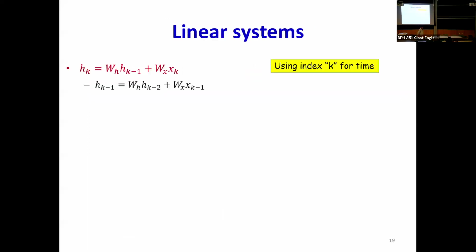Now, here is my recurrence. I'm going to say H_t is some W_h, this is the recurrent weight, times H_{t-1} plus W_x times X_t. Now, can I write this in terms of H_{t-2}? What would this be?